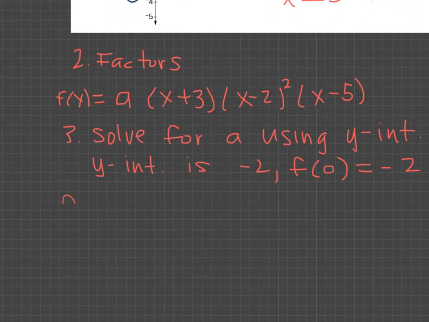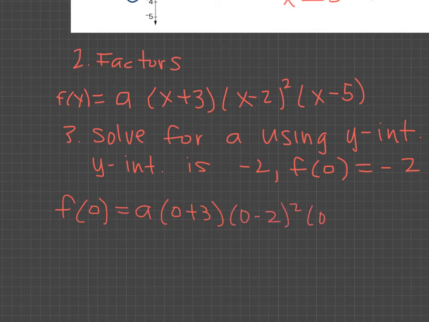We are going to plug in 0 for x. A stays A. That's what we're going to solve for. But everywhere we have an x, we plug in a 0. And then we know that that is equal to -2 because that's the y-intercept.